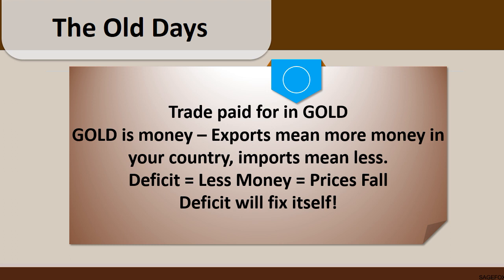Trade deficits would naturally fix themselves in the old days because money would move from country to country, prices would change as money moves, and that would balance out the system. So again, there's this Adam Smithy idea of a natural outcome in which things balance themselves out naturally over time. In this case, money changes, prices change, it balances the system.